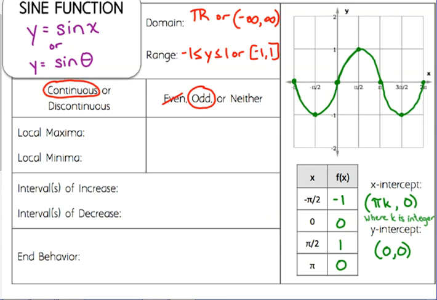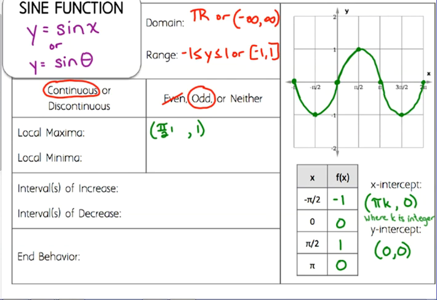Now, the only one that we can see here on our graph is at pi over 2. Okay, pi over 2 is the only one that we can see on our graph, but if we were to zoom out on our graph, we would see that another one would occur at 5 pi over 2. It would also occur at negative 3 pi over 2.